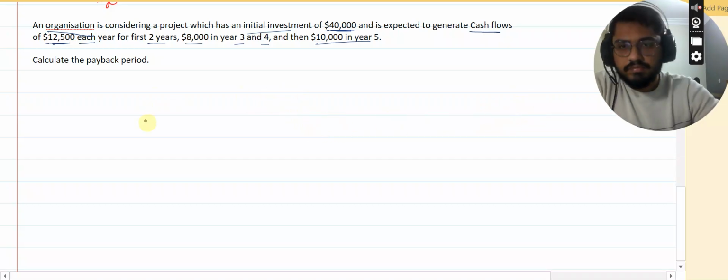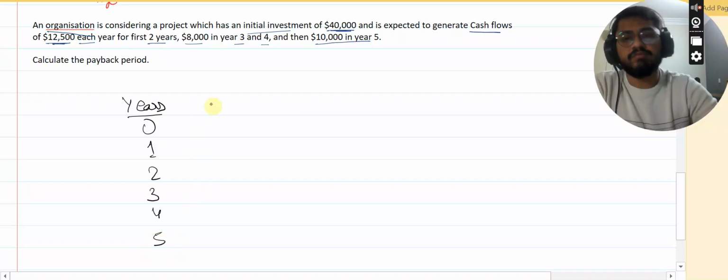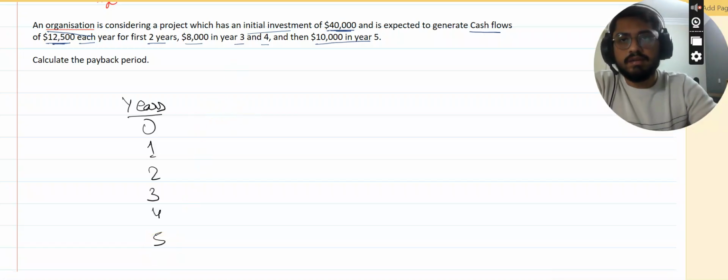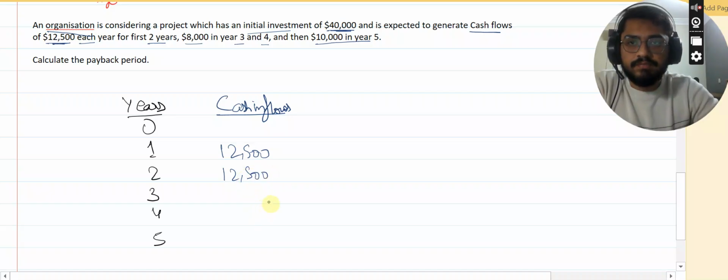Okay, let's note down the years. There is year 0, 1, 2, 3, 4 and 5. Then let's write down the cash inflows. There is a cash inflow of 12,500 in year 1 and year 2 as well.